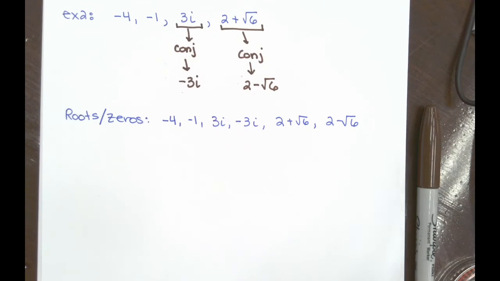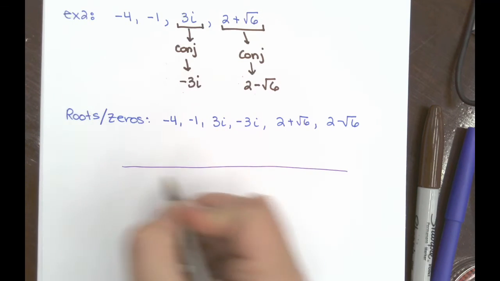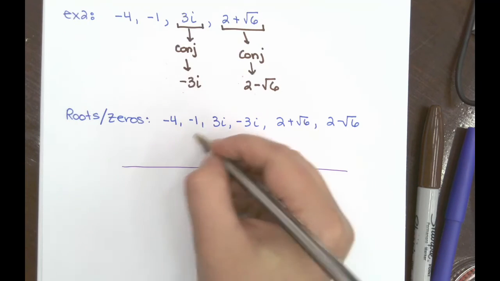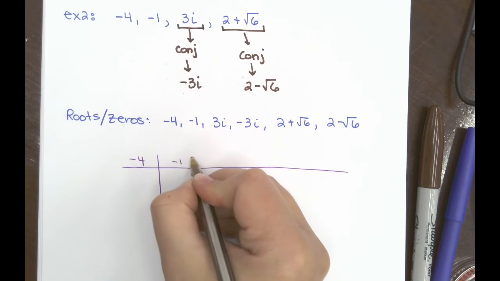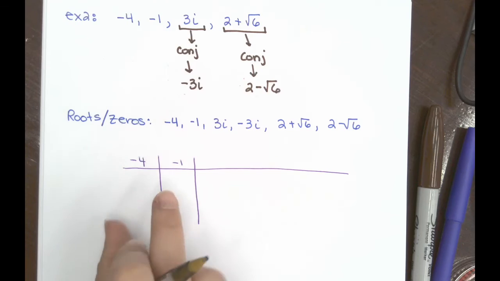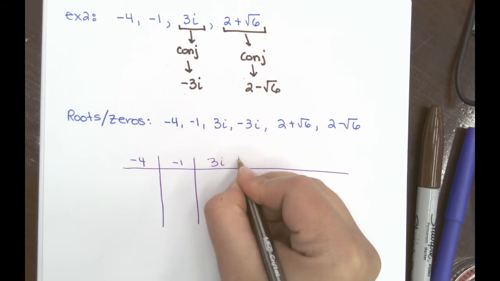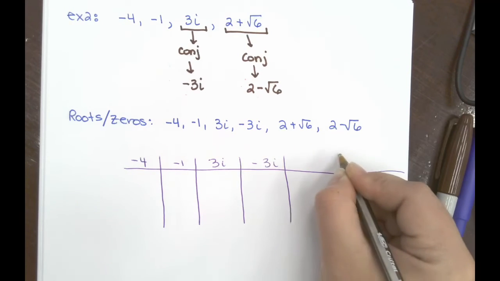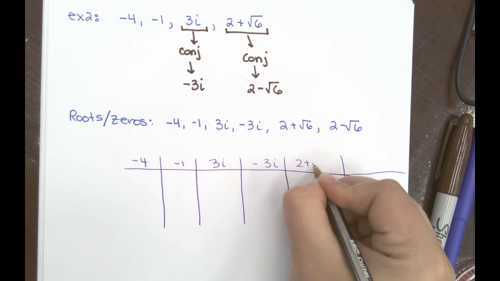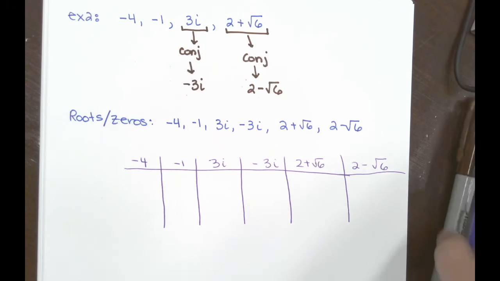Working on the same steps we did last time, we are going to do a little table here, and you're going to write out all of our roots or our zeros. 3i, minus 3i, just trying to save space here. And we have 2 plus root 6 and 2 minus root 6. Don't forget those conjugates.